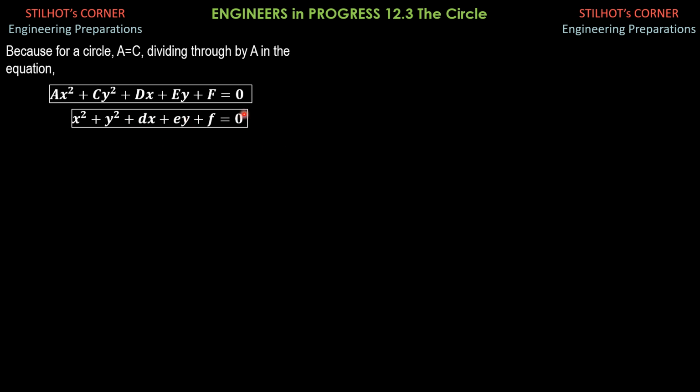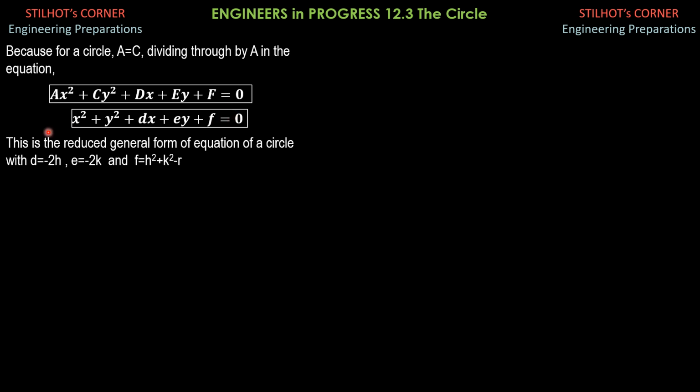This is the reduced general form of equation of a circle. Whenever the coefficients of the second degree terms are unity, then that's a circle and both are positive, as long as this constant will give us, as long as this will be satisfied that the right side is 0.